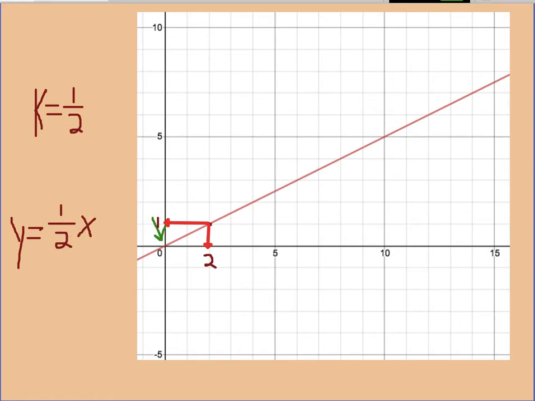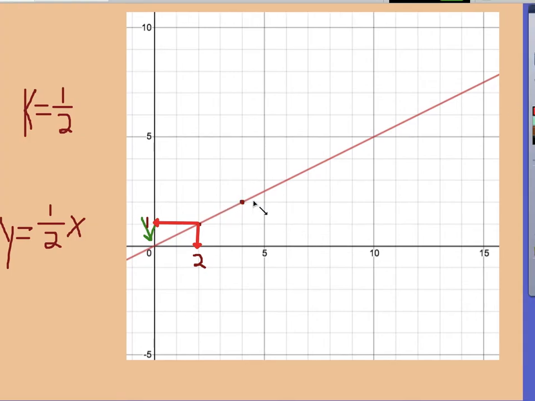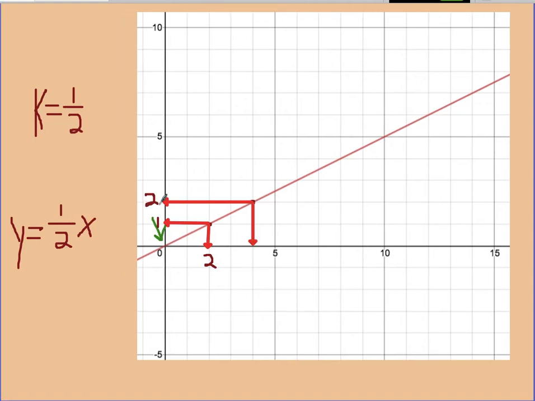One other thing we want to look at with this one is any point that you find that's on here, the constant of proportionality is always going to be 1 over 2. So even if I go up here and use this point, this would be 2, this would be 4. So if I do 2 over 4, that simplifies to 1/2. We could do that with any point that's on here.